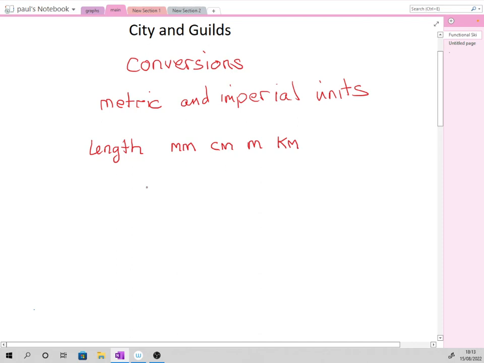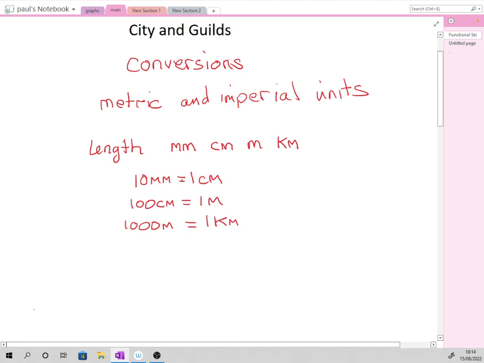The millimeters are the smallest. So 10 millimeters equals 1 centimeter, 100 centimeters equals 1 meter, and 1000 meters equals 1 kilometer.